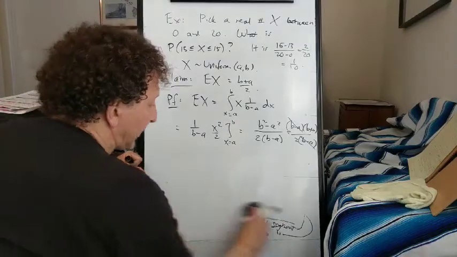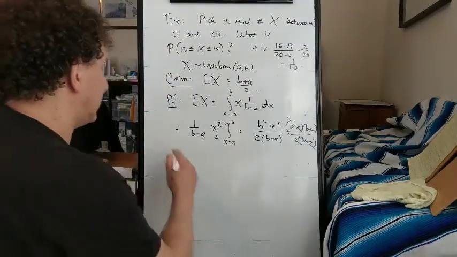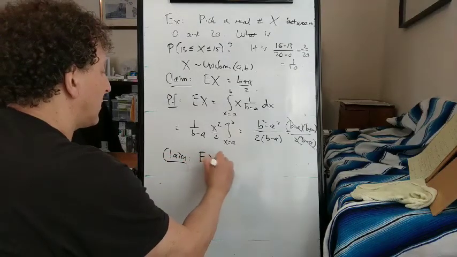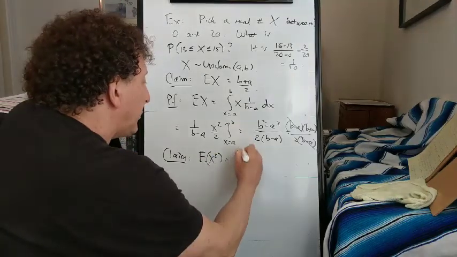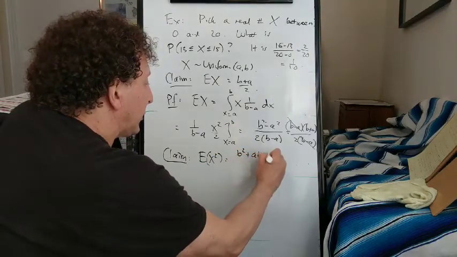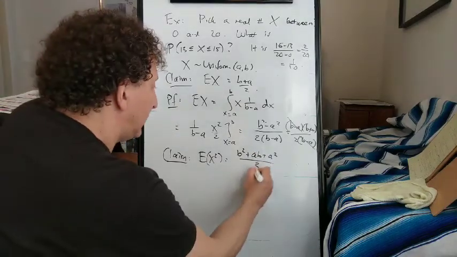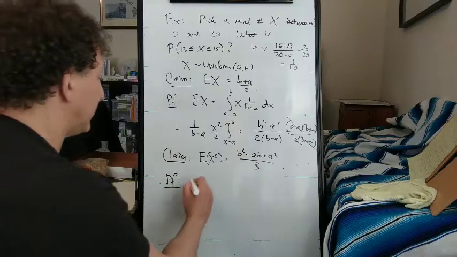Now let's look at the expected value of x squared. I claim that this is b squared plus ab plus a squared over 3. And the proof is just about the same.